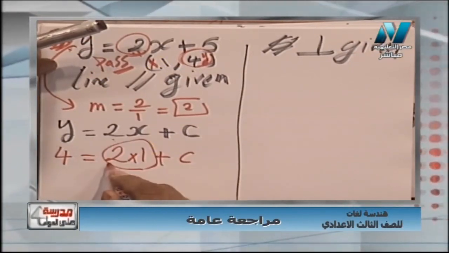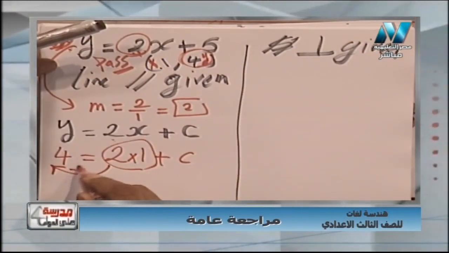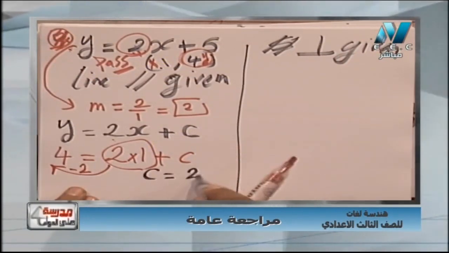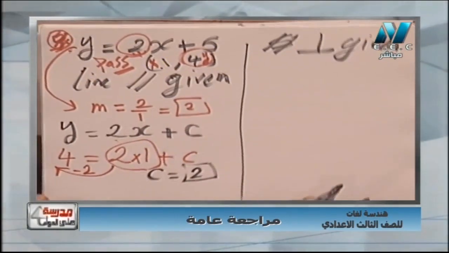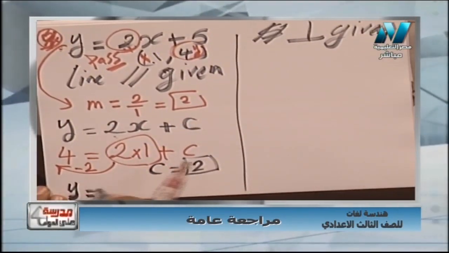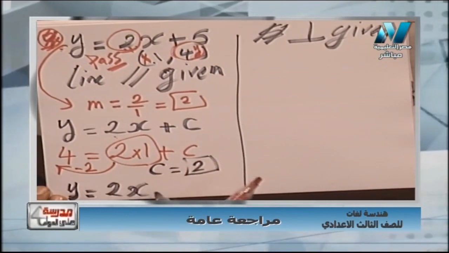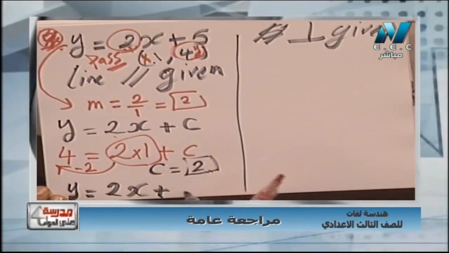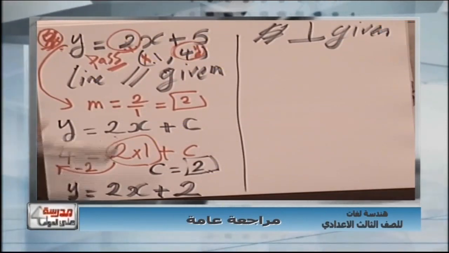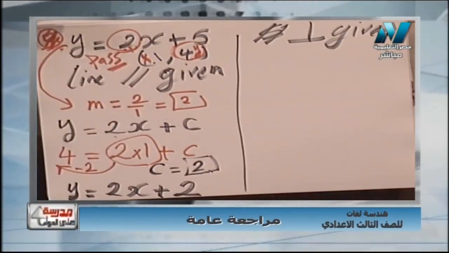We get these 2, and we change the sides by using negative. C equals 4 minus 2, directly equals 2. Very good. So equation y equals mx, 2x plus c, is also as well equals 2. Very good. Now the perpendicular.